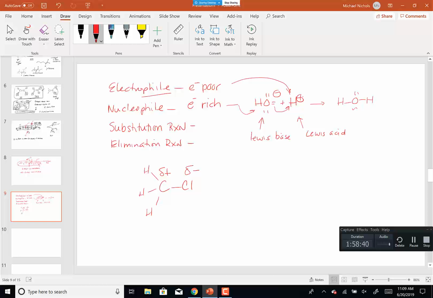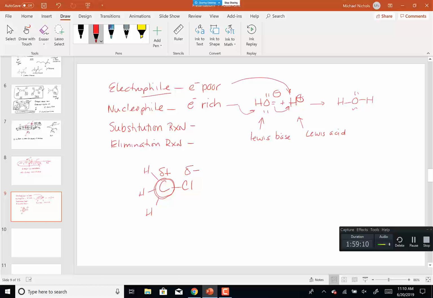So when we have a halogen attached to a carbon, we've now created that carbon as electron poor, right?